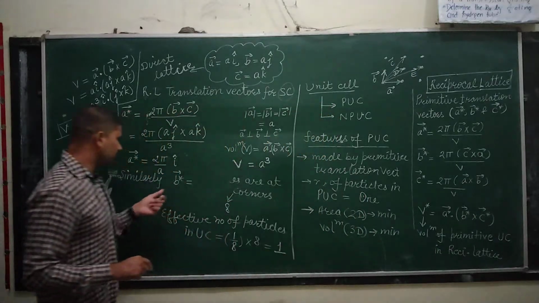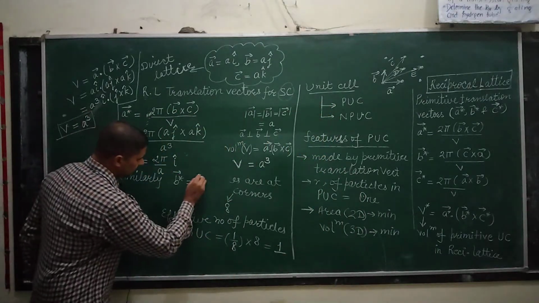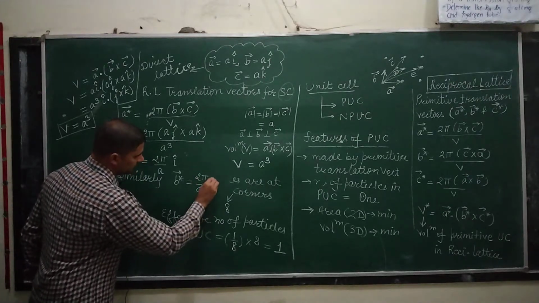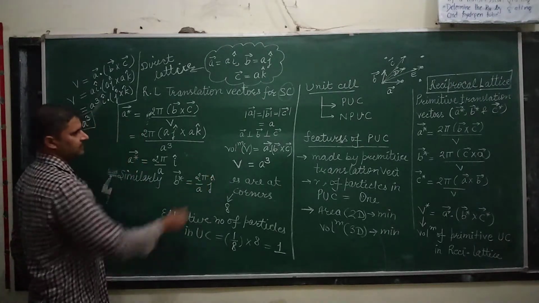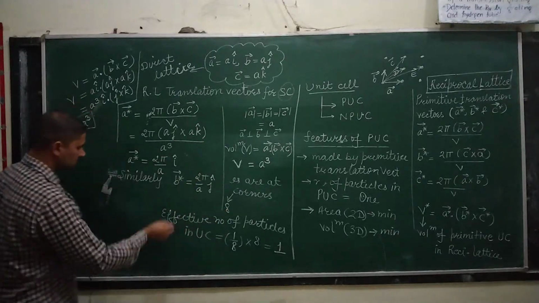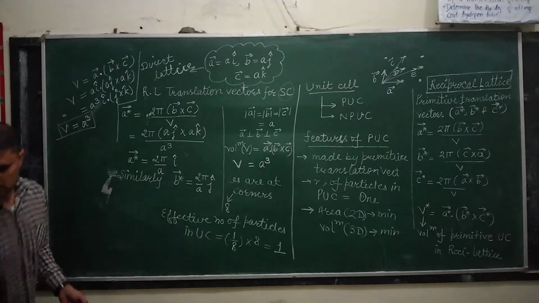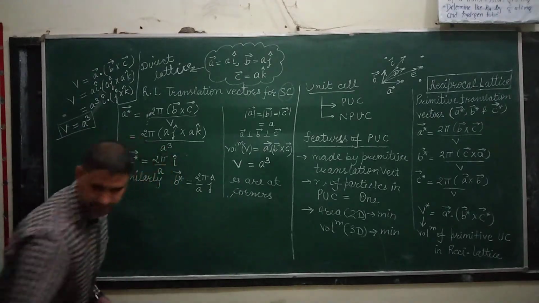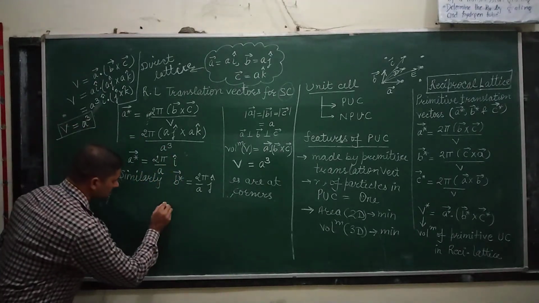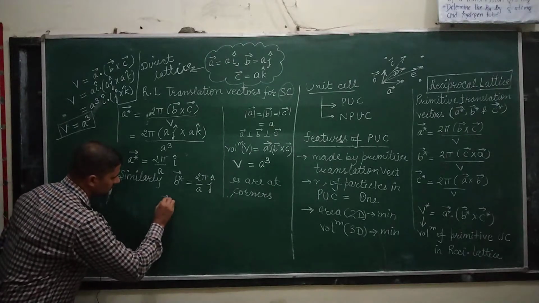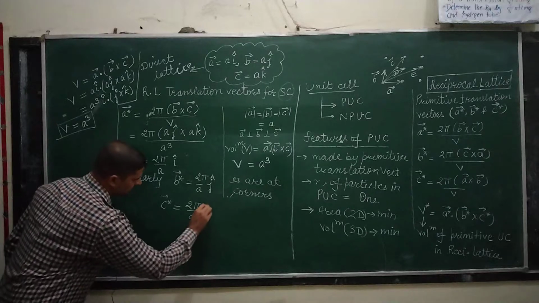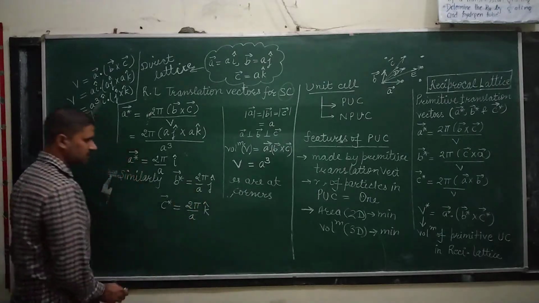So after putting its value you will get b star to be 2 pi by a unit vector j. Okay class, in the same way the vector c star will be equal to 2 pi by a into unit vector k.